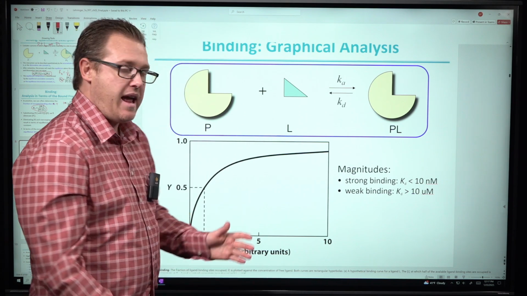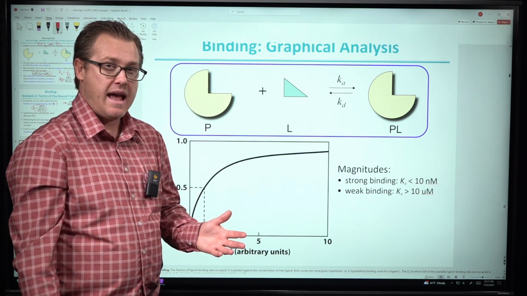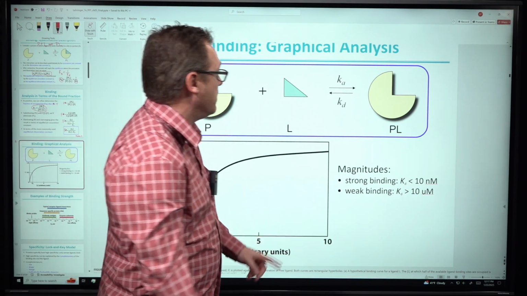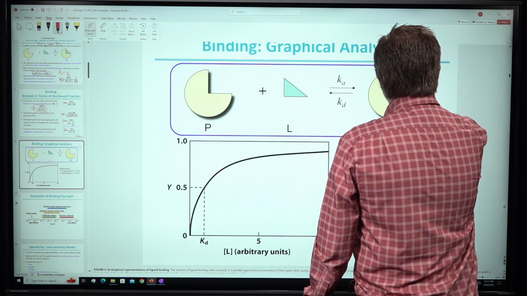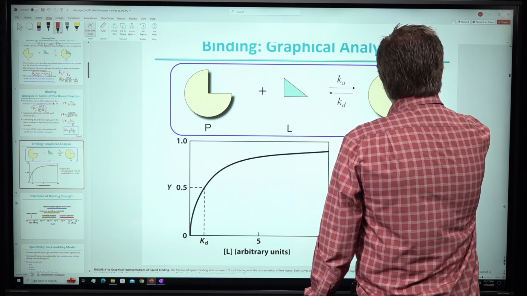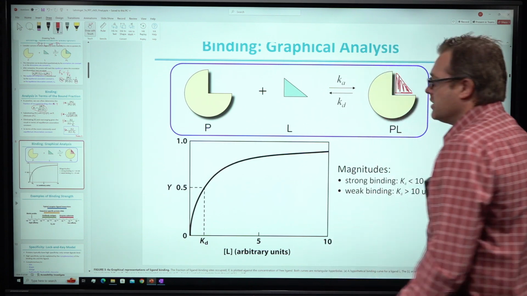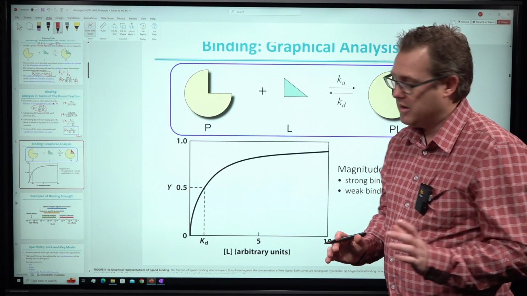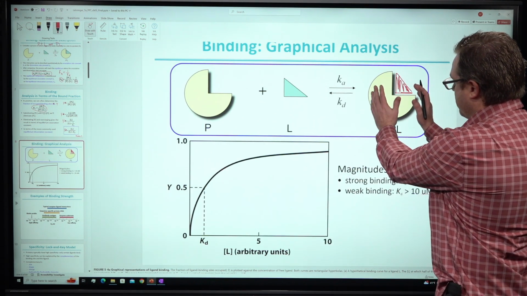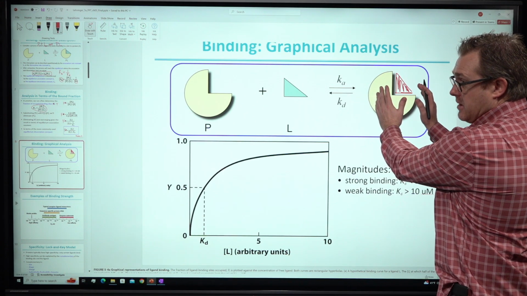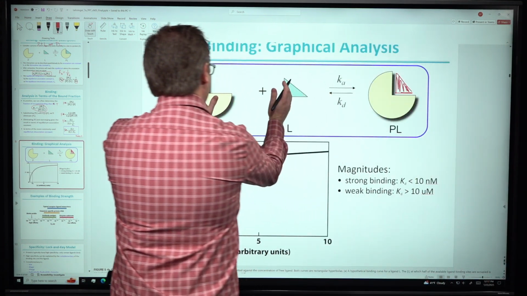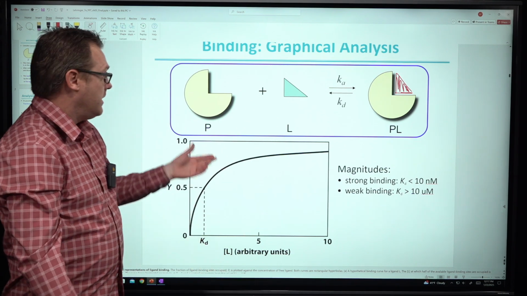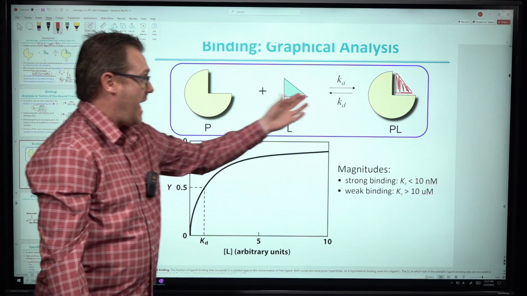So at equilibrium, we're going to get a mixture of protein and the ligand bound, and then it's separated. So we're going to have a ratio of this and that.